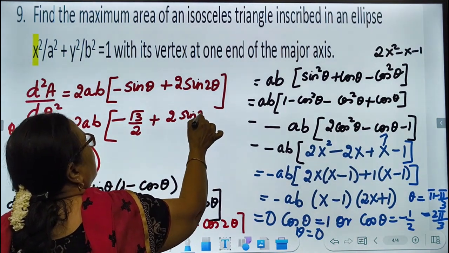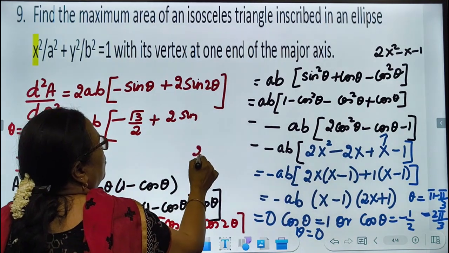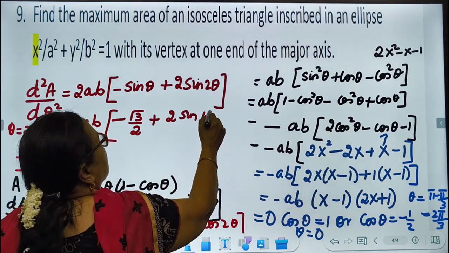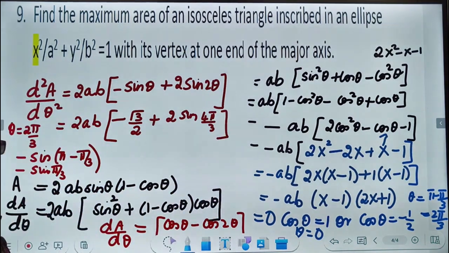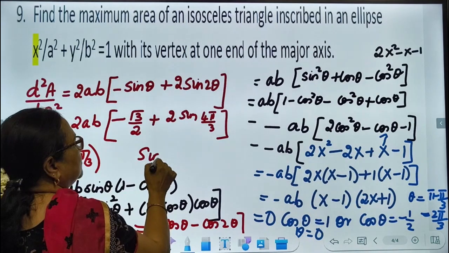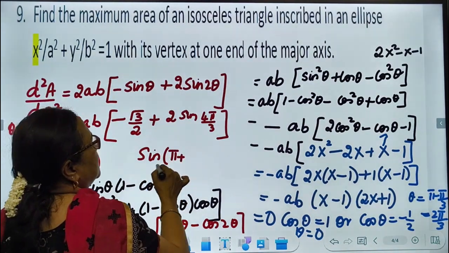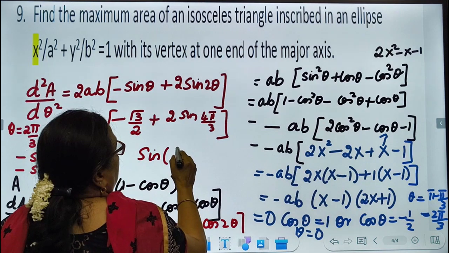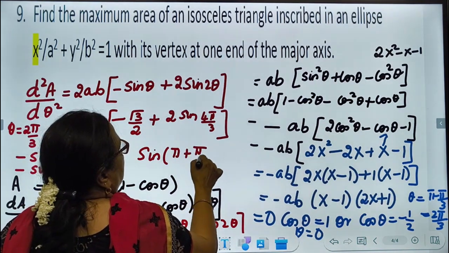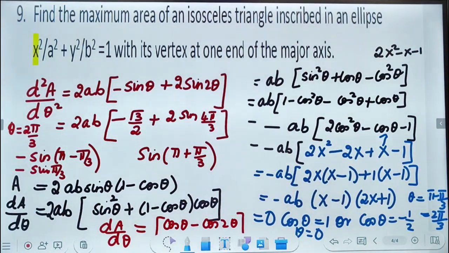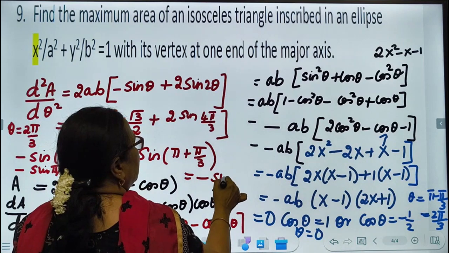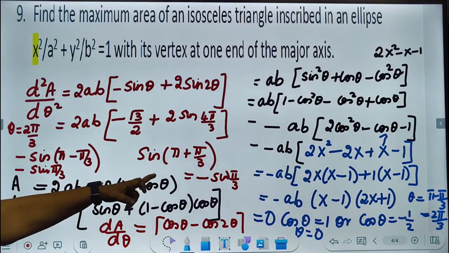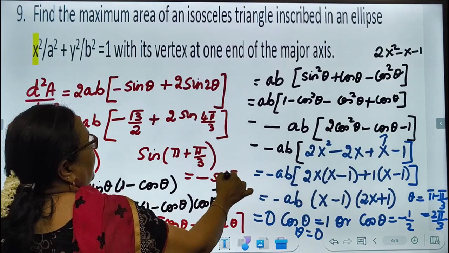Sin of 2 into 2 pi by 3, which is 4 pi by 3. Sin of 4 pi by 3 is sin of pi plus pi by 3, which is minus sin pi by 3.